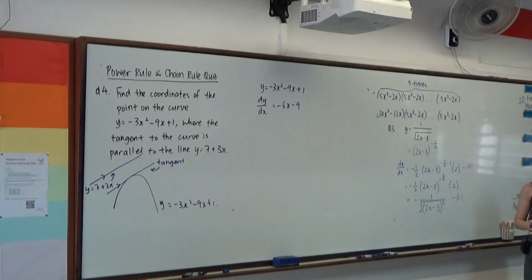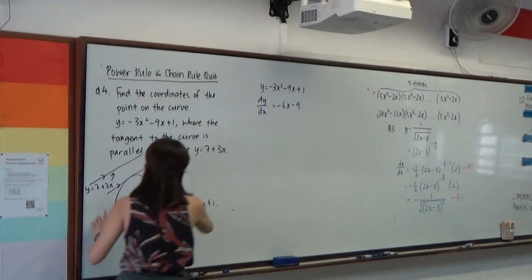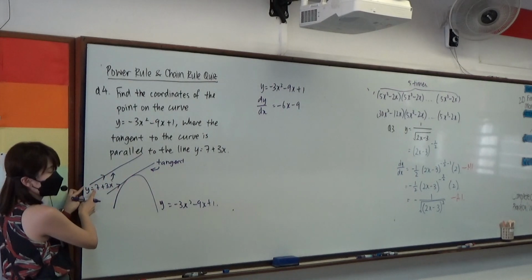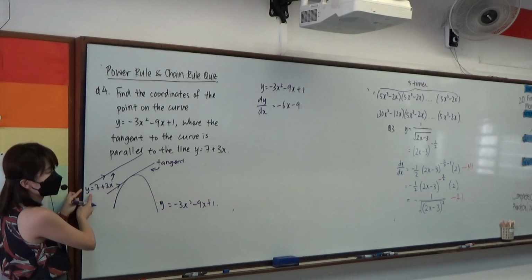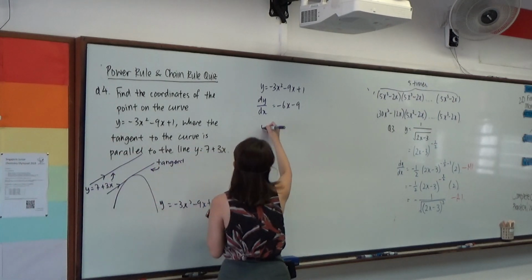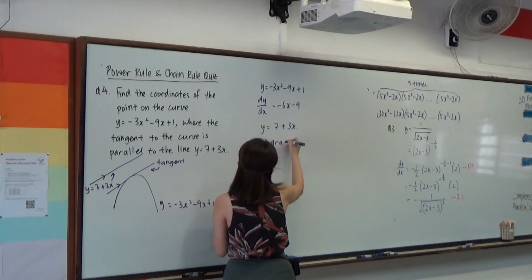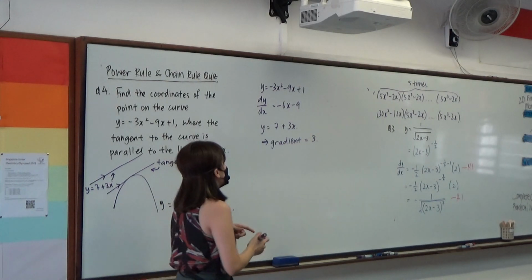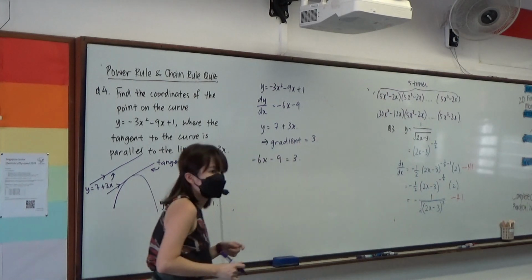It is about the subsequent steps that many of you are stuck on. The question says the tangent itself is parallel to the line, so the gradient of the tangent must equal the gradient of the line. The gradient of the line with this equation is 3. So the gradient of the tangent must be equal to 3.